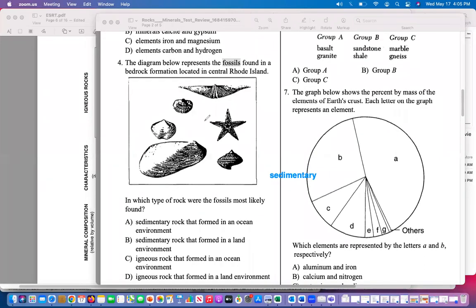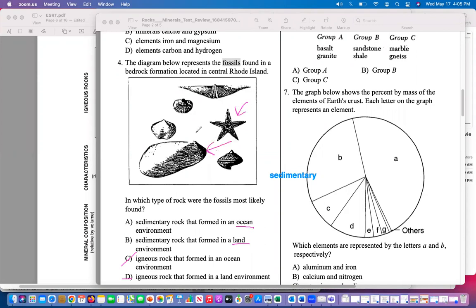All right, I already know because it says it's a fossil, it has to be a sedimentary rock. Now, how do I know whether or not it was formed in a land environment or an ocean environment? When I'm looking at this, I see a starfish, and I see a whole bunch of different shells.